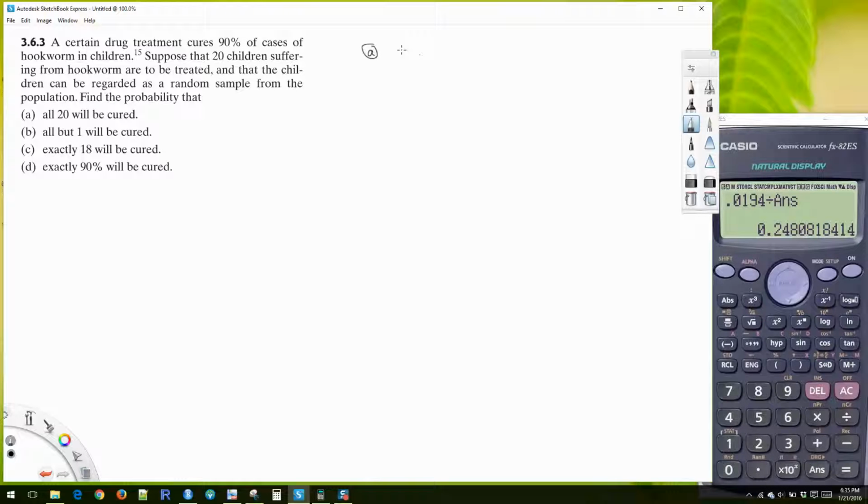In our case, we need to identify N, P, and J. N for all of these problems is going to be 20, and P for all of the problems is 0.9. Between A, B, C, and D, J will be changing. So for part A, all 20 will be cured, J will be 20. Keep in mind that 0.9 represents the probability of being cured, right?